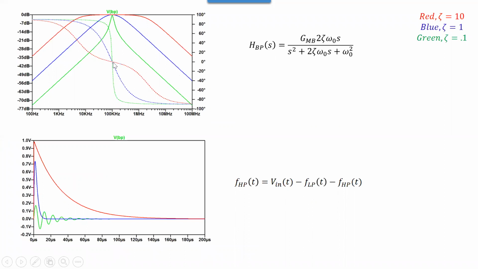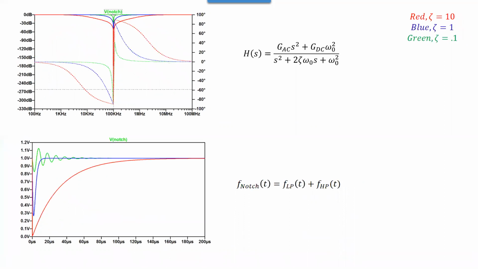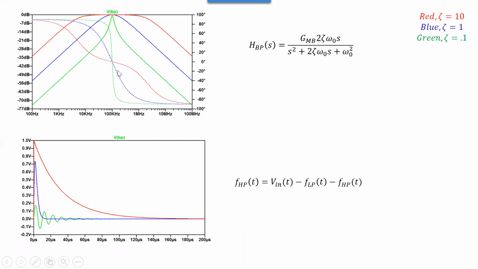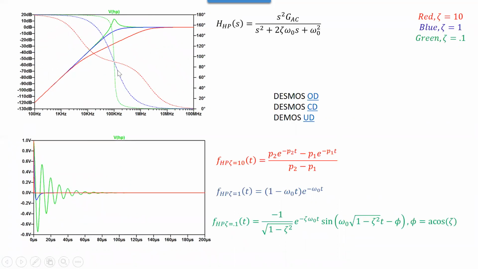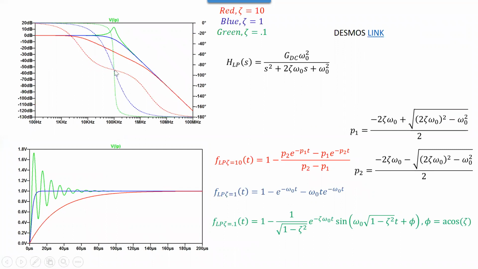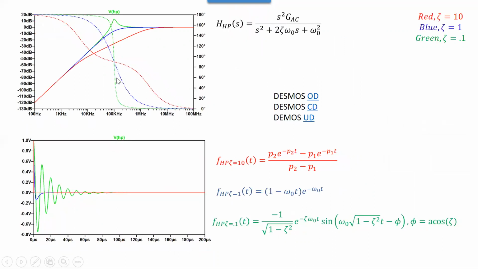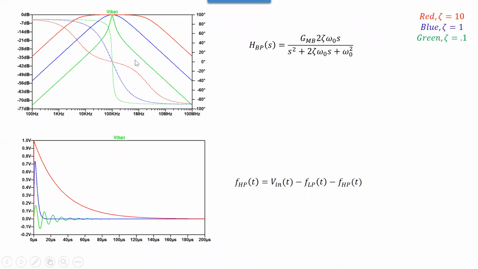Now these are in last class's notes. So see, omega naught is all 100K, right? For the notch, you have the discontinuity right at omega naught. For the high pass, omega naught you can say is always at plus 90, and the low pass, it's at minus 90. In this case, I could also find it by stretching out the magnitude and reading it that way. Same thing. For the band pass, it's just kind of the one in the middle.